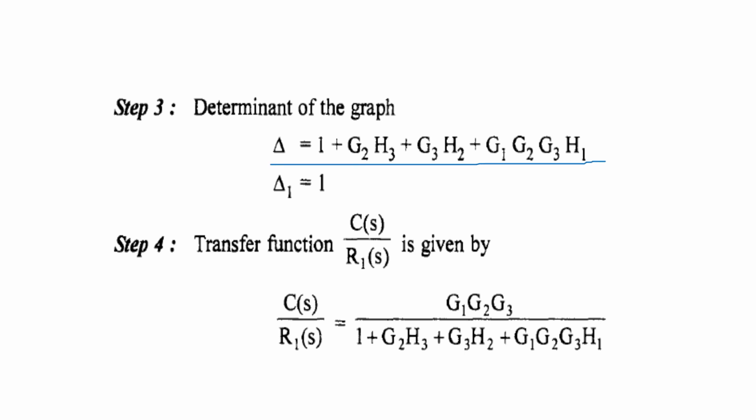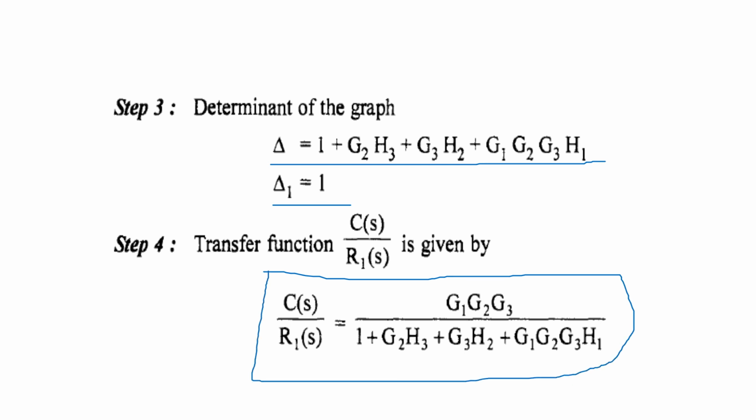So delta value is nothing but equal to 1 minus summation of all individual loop gains. So it is 1 plus G2H3 plus G3H2 plus G1G2G3H1, and delta 1 is equal to 1 because all the loops touch the forward path. And replacing all these values in the standard form, we are going to get this transfer function as equal to G1G2G3 divided by delta value, that is 1 plus G2H3 plus G3H2 plus G1G2G3H1.